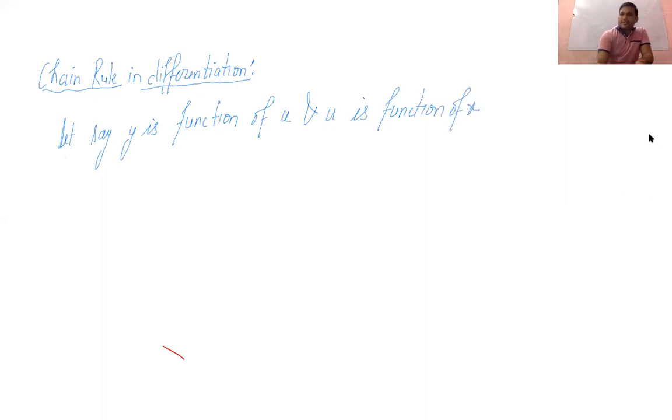In that case, if you are willing to differentiate it, means you are willing to find dy by dx, then first you should differentiate y with respect to u, because it's a function of u. So you will write here dy by du, and then you will multiply it by du by dx, because u is a function of x.